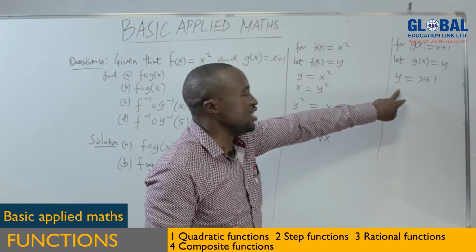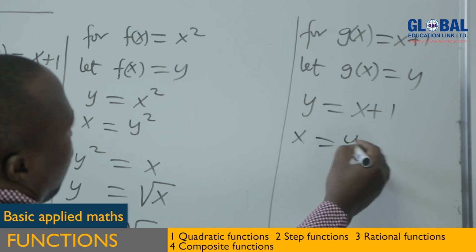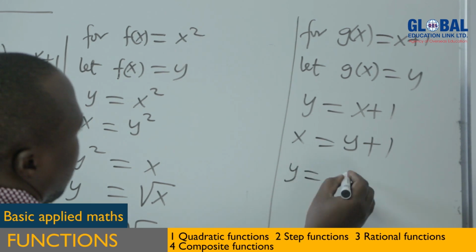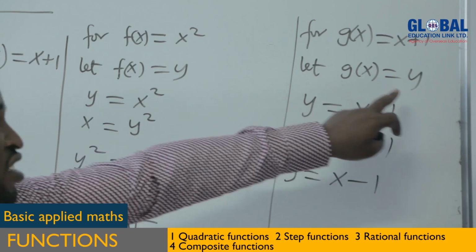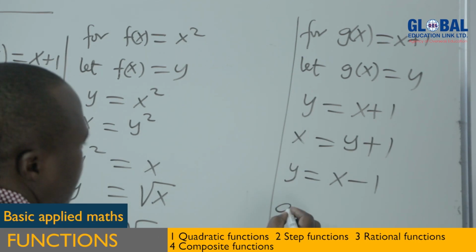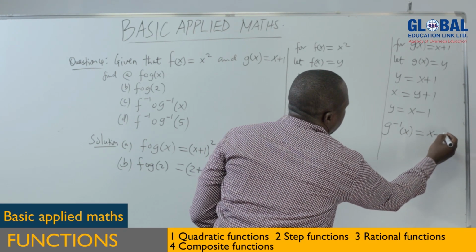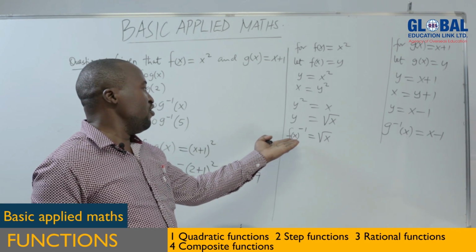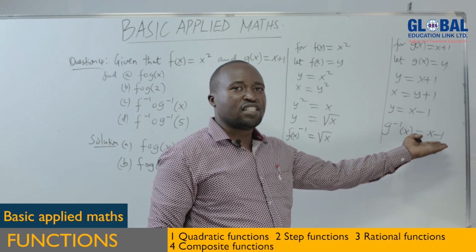In the position of y we write x, and for x we write y, that is plus 1. Again we make y the subject, so y is equal to x minus 1. But again, remember, g of x is equal to y. Therefore, g inverse of x is equal to x minus 1. So, my dear student, we have f inverse of x is equal to the square root of x, and g inverse of x is equal to x minus 1.